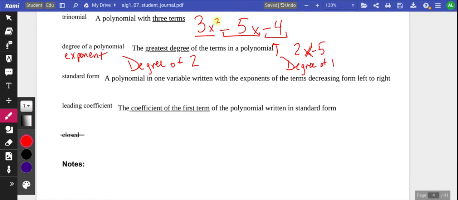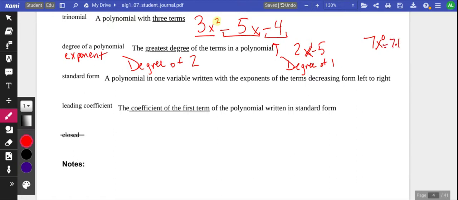And I really wouldn't ask you this question unless I really wanted to be mean, but maybe I will want to be mean. Maybe I give you a polynomial that's just a constant, just a plain number. There's no variables or anything like that. We could say, I really do have an x here, but it's just to the 0 power. Remember, anything to the 0 power is just 1.